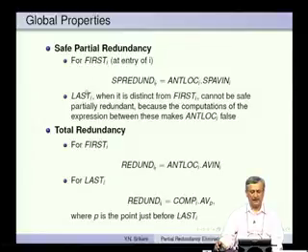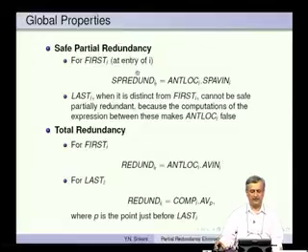There are again 2 points that we need to keep track of. One is the first, at the entry of I, and the last. First and last computations need to be considered specially. For the first computation in the basic block I at the entry of I, it is safe partially redundant if it is locally anticipable and safe partially available at the input point.